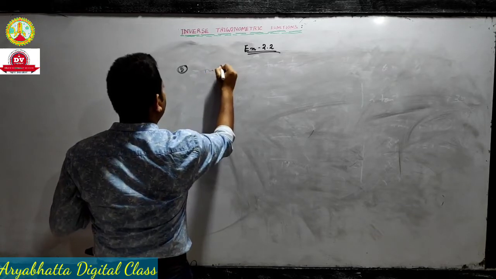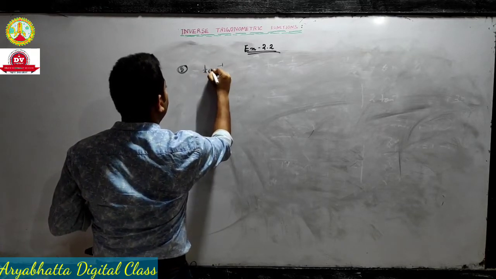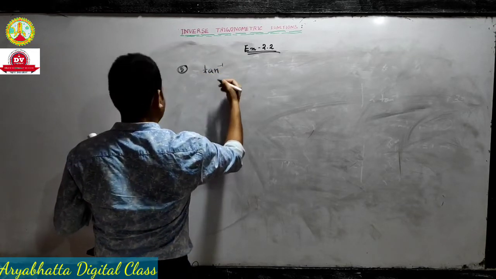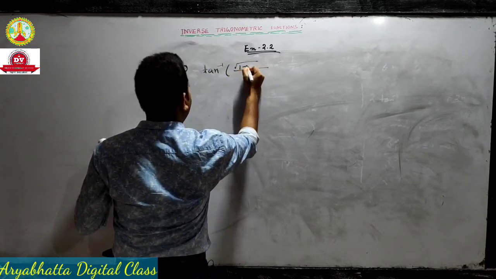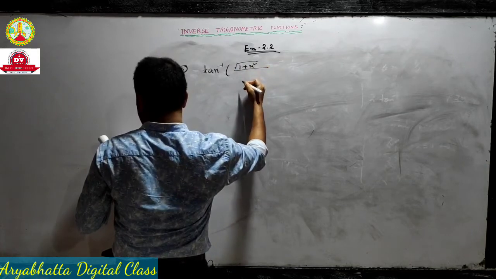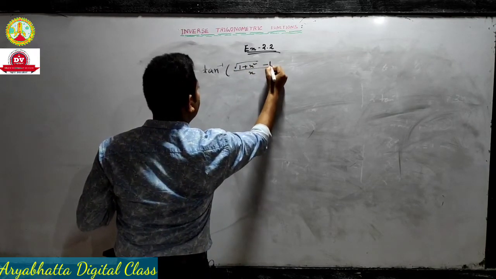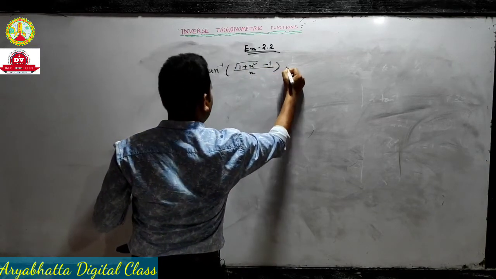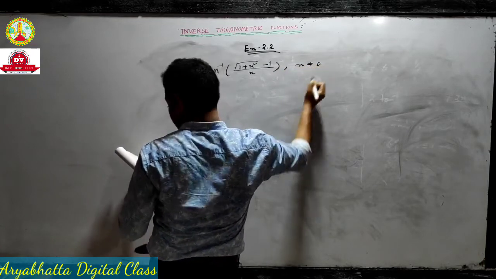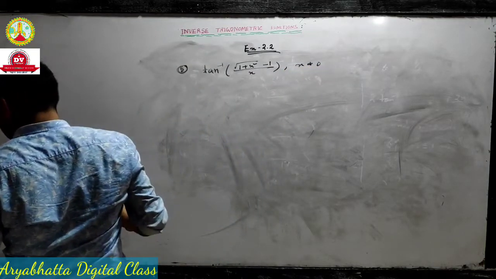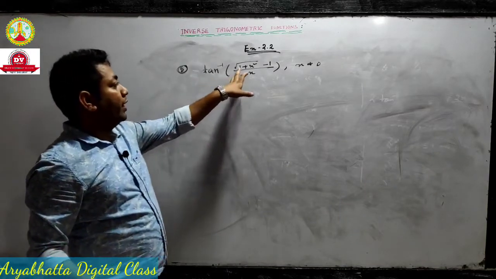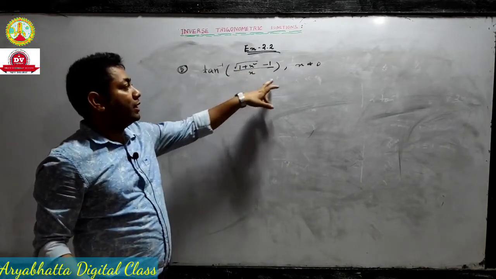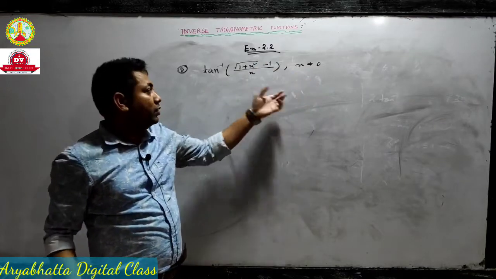Tan inverse of the bracket square root of 1 plus x square minus 1 divided by x, where x is not equal to 0.